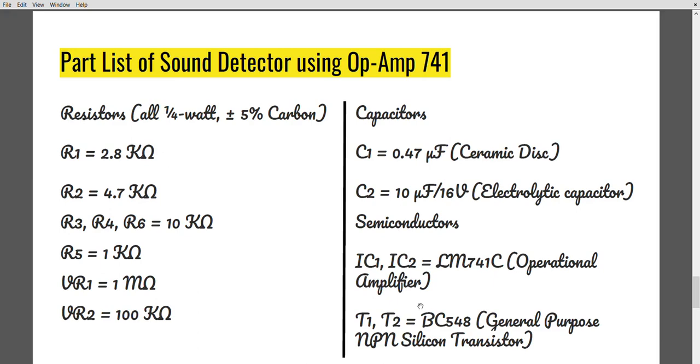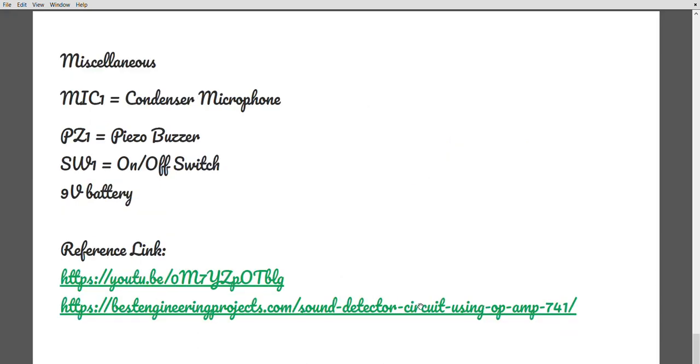The other things we used here are MIC1, which is the condenser microphone, a piezo buzzer, a switch for on-off mode, and a 9-volt battery.